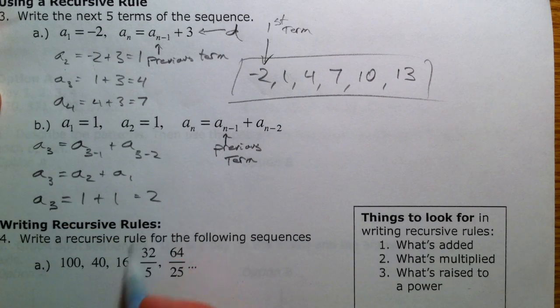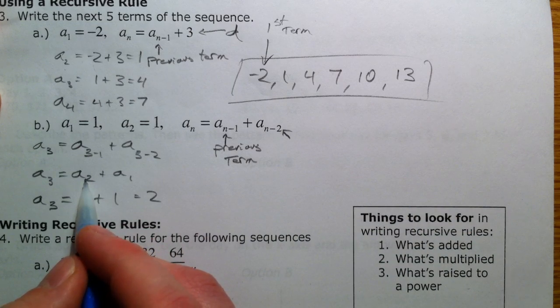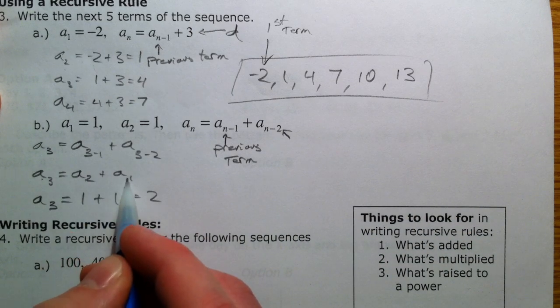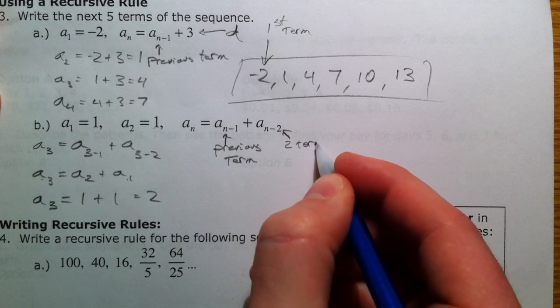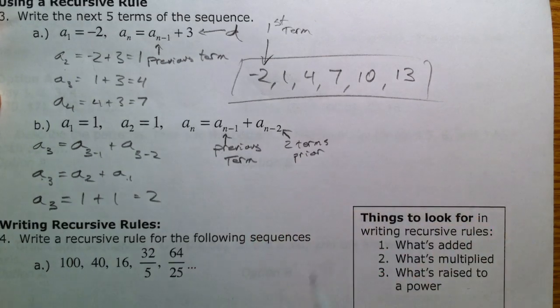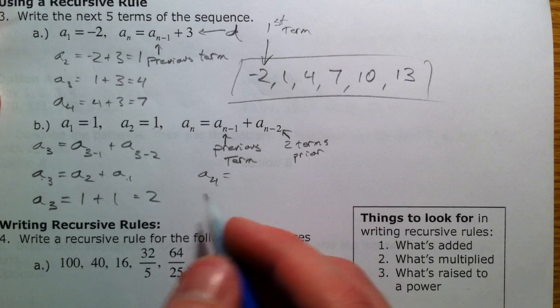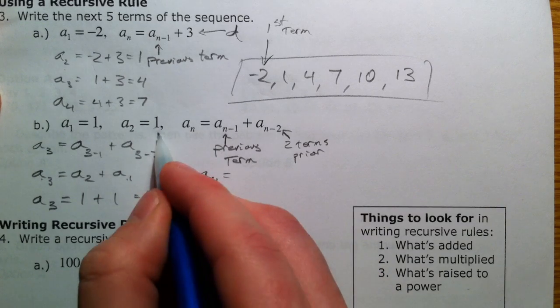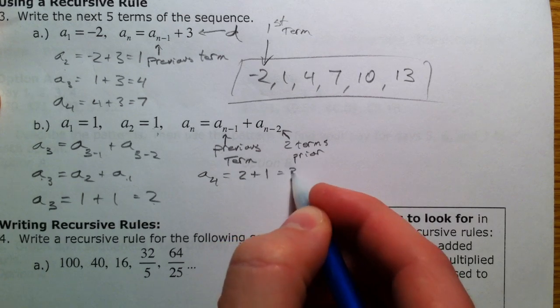So the third term is 2, and in other words you see that this is the term before 3, and then this is 2 terms before 3. 2 terms prior. So then a sub 4 is going to be 2 plus 1, the third term plus the second term.